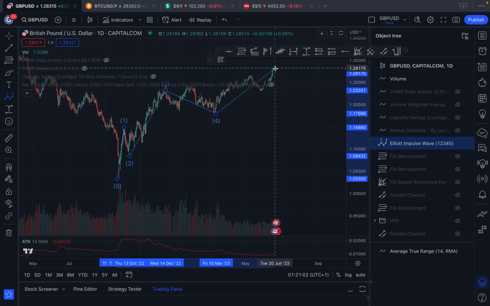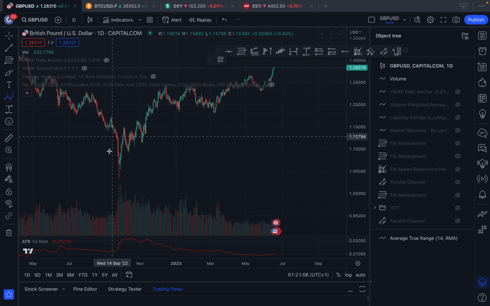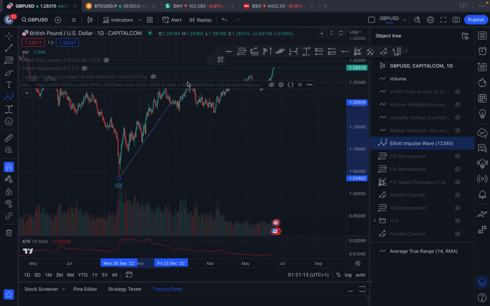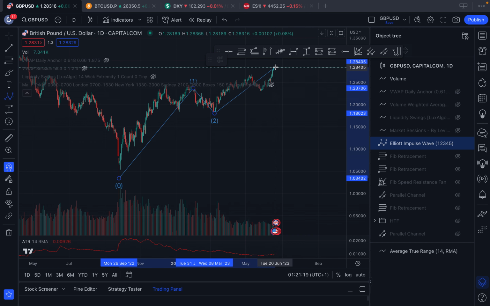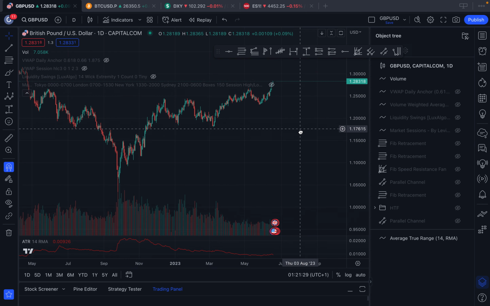Usually wave 3 is the highest, so the only conclusion we've got is if we were to start from there, it would be 1, 2 here, and then 3. And even then, 3 would be looking to go much higher. 4 over here, and then 5 over there.